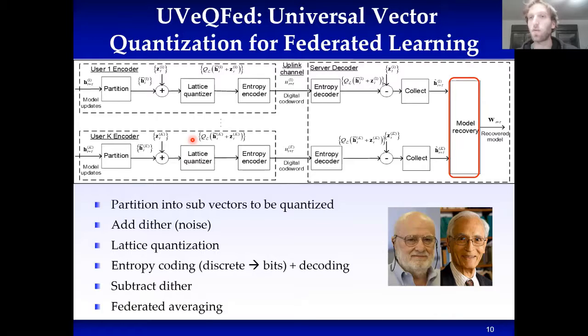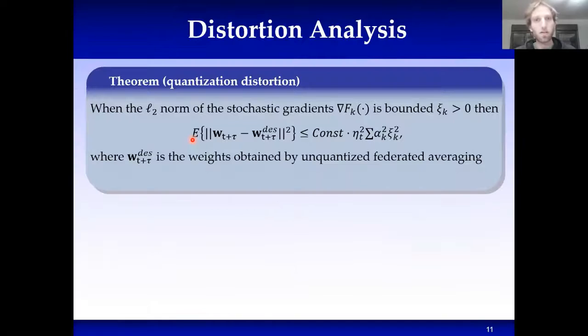The fact that the quantization error translates just into noise whose statistical distribution is fixed and mutually independent of what we're quantizing allows us to get some very nice theoretical results for the scheme. For example, we can bound the distance between what the server recovered and what it wanted to recover if the quantization was unconstrained.